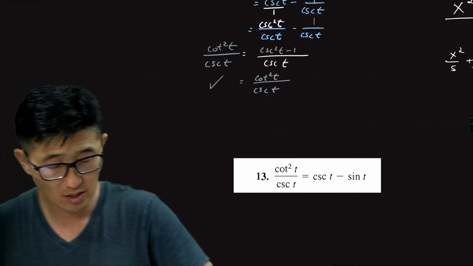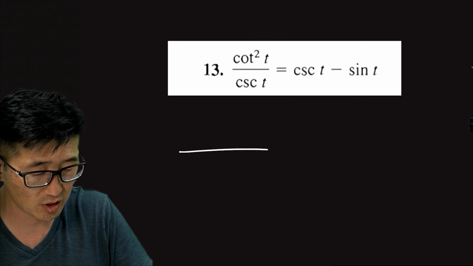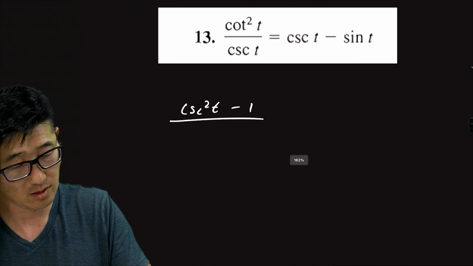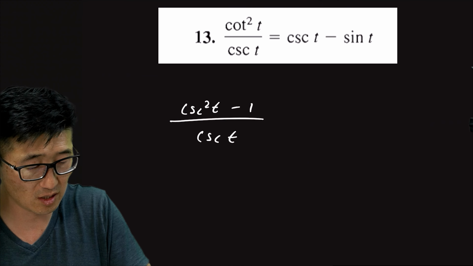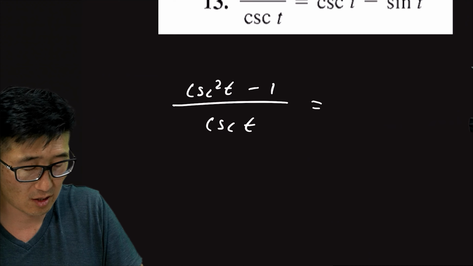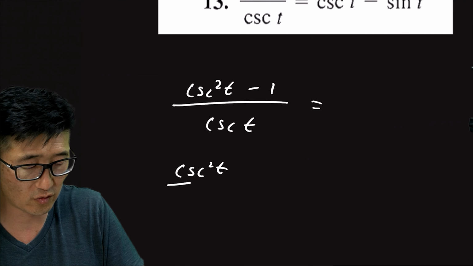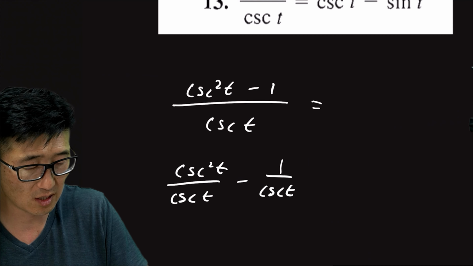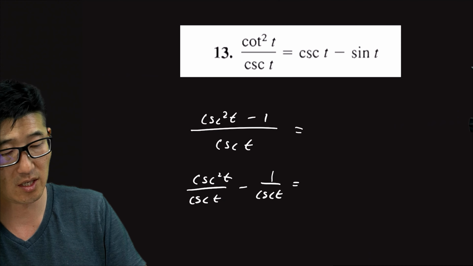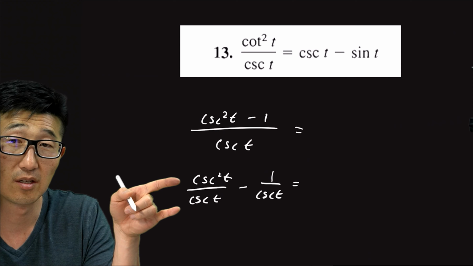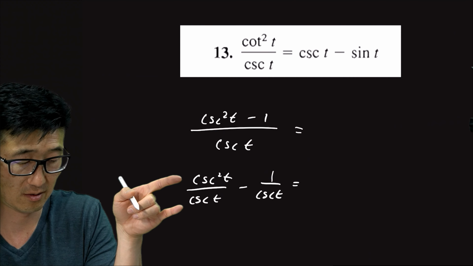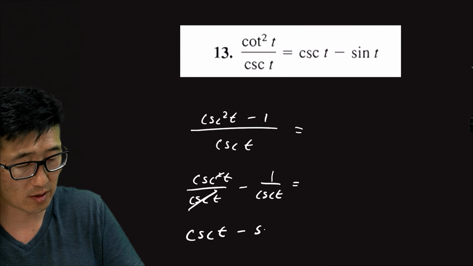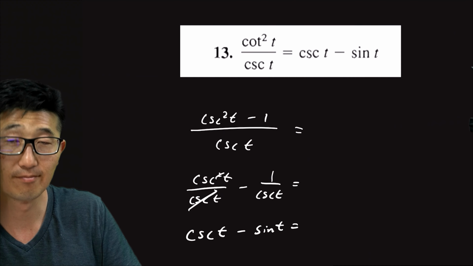So replace the top with cosecant squared t minus 1, and then cosecant t, and then split the fraction. Cosecant squared t over cosecant t minus 1 over cosecant t. And guess what? You can cancel one of them out, and then the other one becomes sine. Isn't that cool?